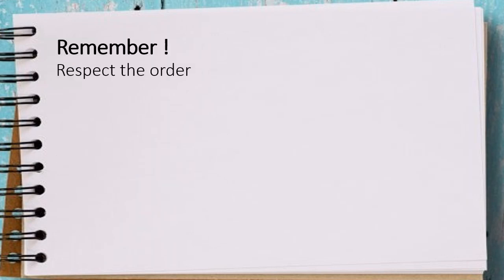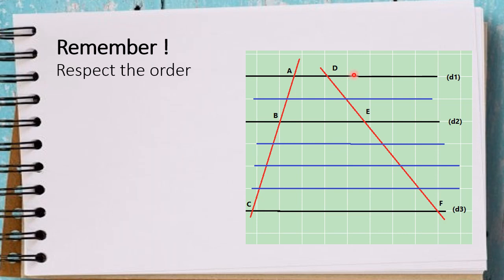You should remember to respect the order. What do I mean by that? In the previous slide we talked about the ratio of AB over BC, which is equal to DE over EF. So the first section of the first secant over the second section will be equal to the first section over the second section of the other secant. We cannot reverse that. We cannot say AB over BC will be equal to EF over DE.